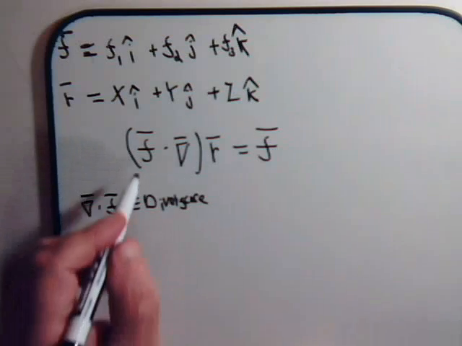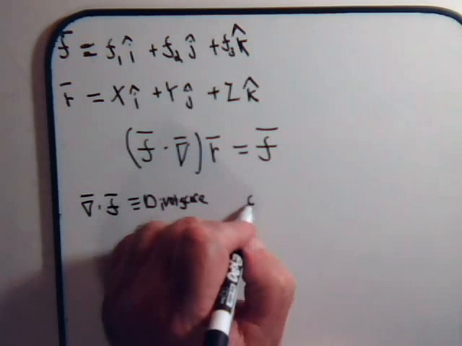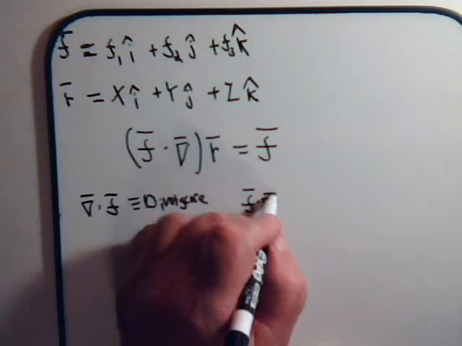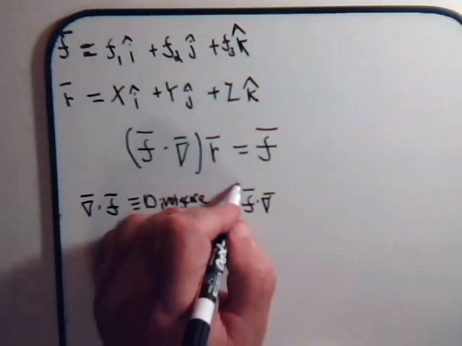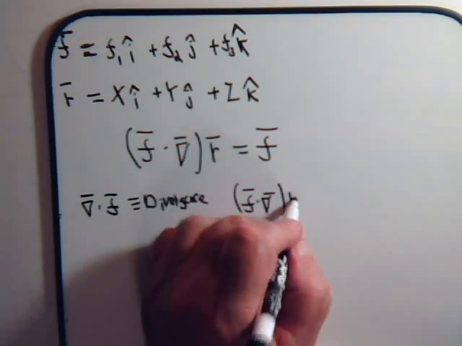But we're doing it in this direction. We have a vector dot. So we're taking the dot product in this direction, and then we have a vector following this.